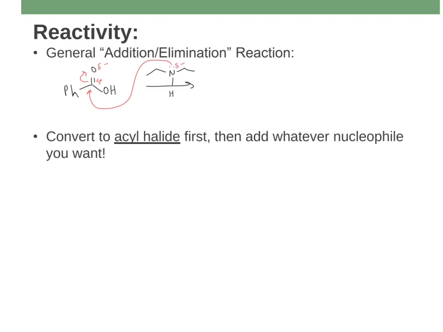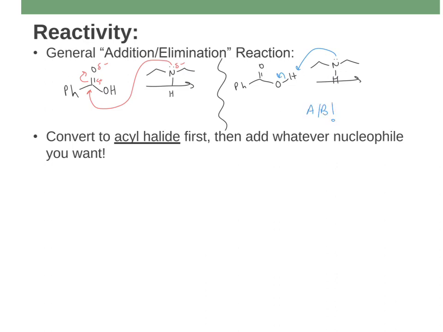It's not going to work that way because what you're going to see instead is that you're going to do an acid-base reaction, right? So if I have, again, that benzoic acid here, and I'm going to add that diethylamine, what you're going to see instead is that you just do an acid-base reaction.